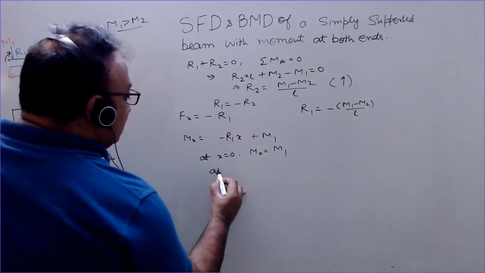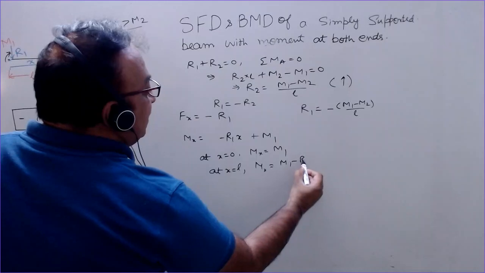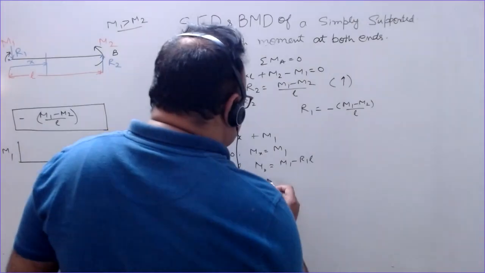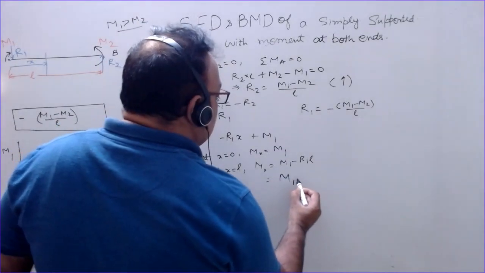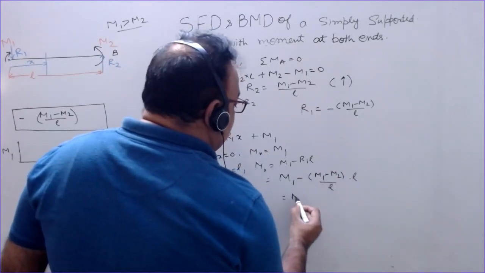And at X equal to L, Mx is M1 minus R1 into L. So you have to calculate this, M1 minus R1 into L, and you will get the bending moment at the other end, which is equal to the moment acting at the end B, that is equal to MB. So I can write the value here of R1 and calculate. So this is equal to M2.